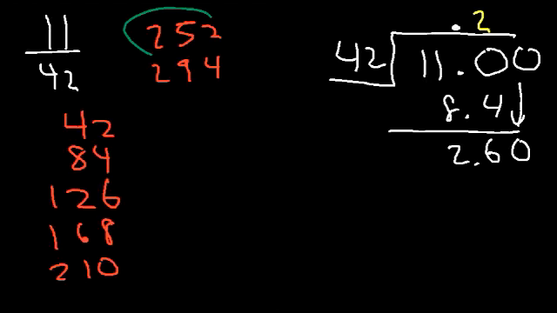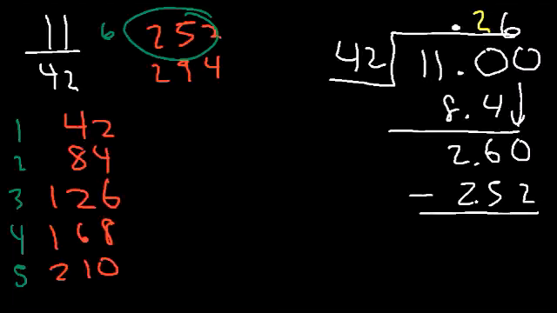So this is what we need. To get to 252, we need to add 42 to itself at least 6 times: 1, 2, 3, 4, 5, 6. So 42 times 6 is 252. And 260 minus 252 is about 8.